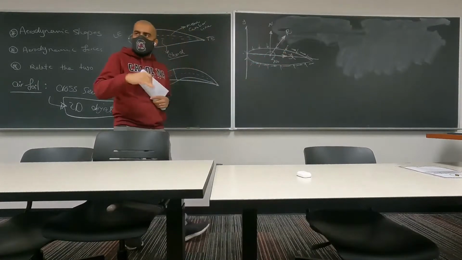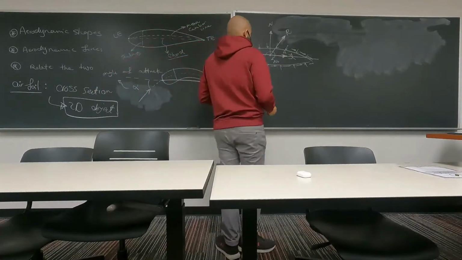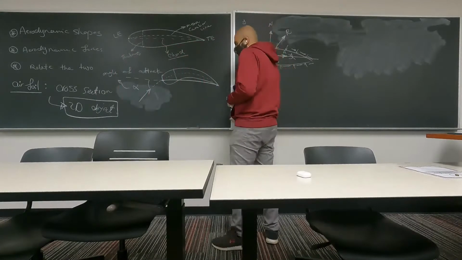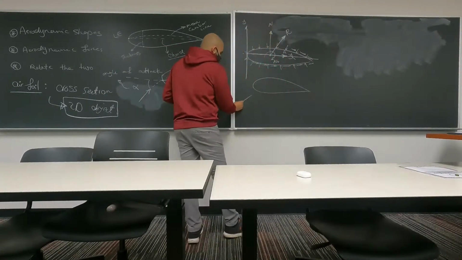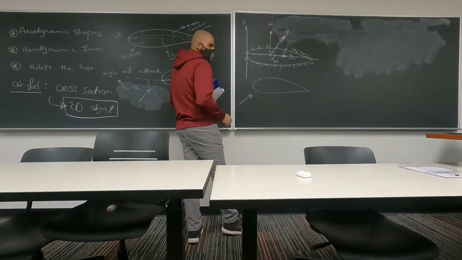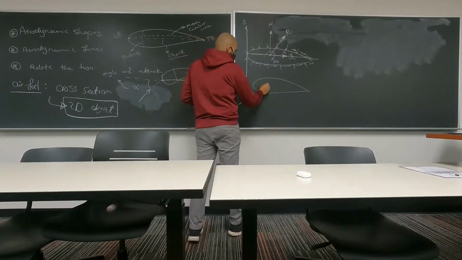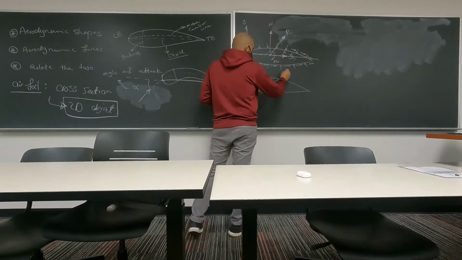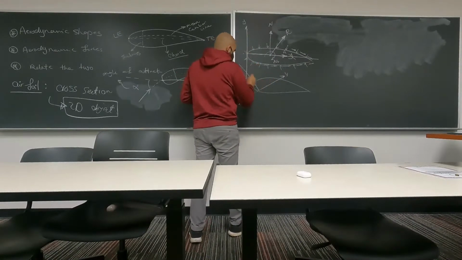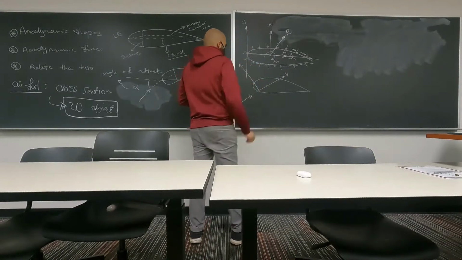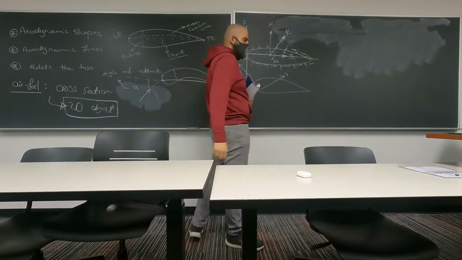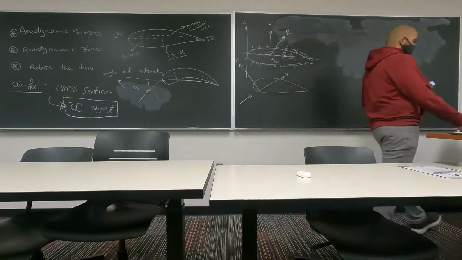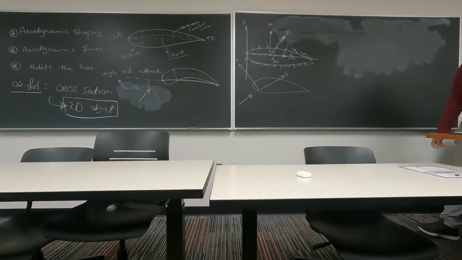The other perspective, which is a more popular perspective, is to use the direction of the flow as the guiding direction for the XY, whatever that is, for finding the component of the force.